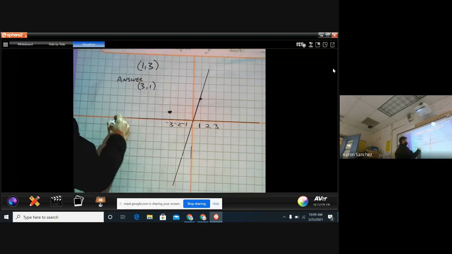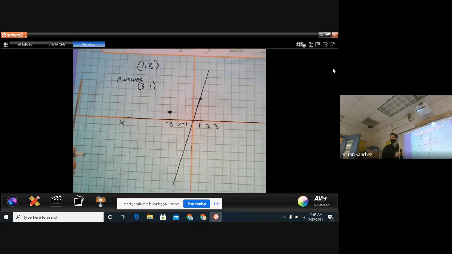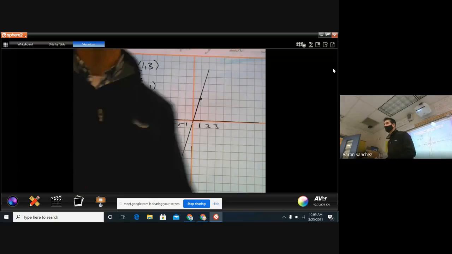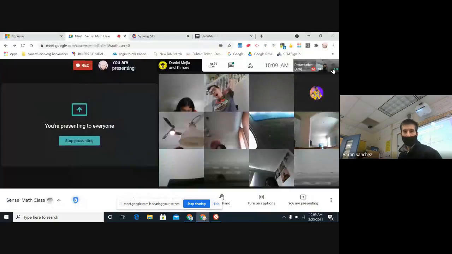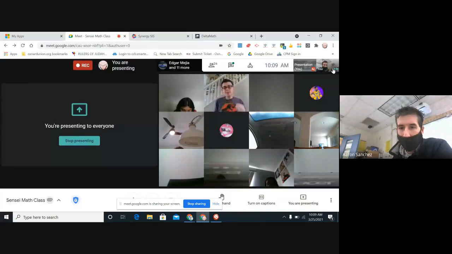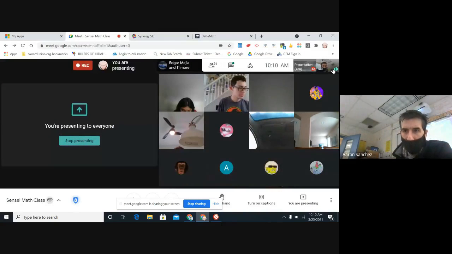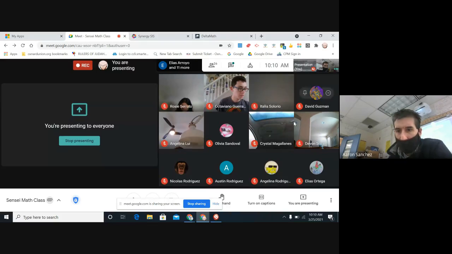Remember, the X's go there. So which one is negative? I'm going to ask the class. Sorry, guys. Which one's negative? Is it the 3 or the 1? Let's see.